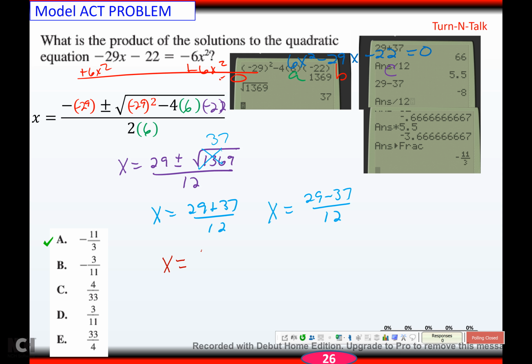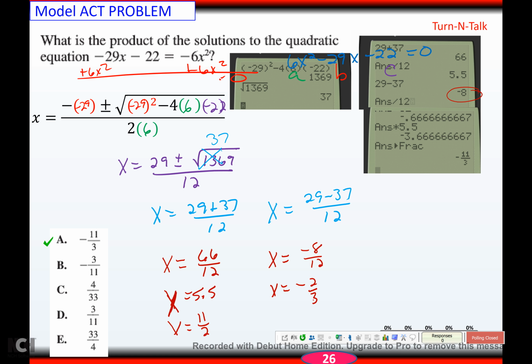29 plus 37 is 66 over 12, which is 5.5, or that reduces down to 11 halves. This one, x equals 29 minus 37 would be negative 8 over 12, which is negative 2/3. 0.6 repeating would be negative 2/3.